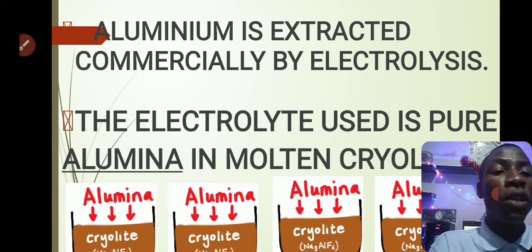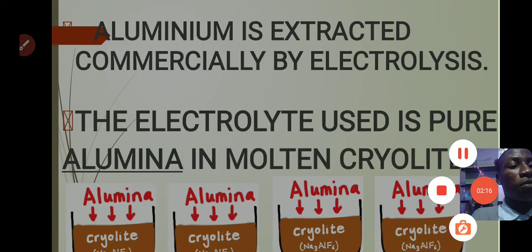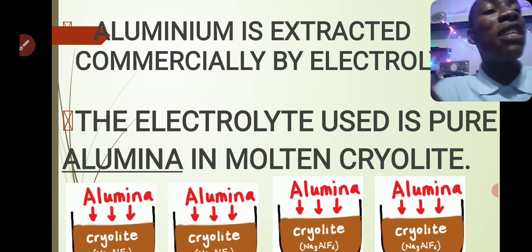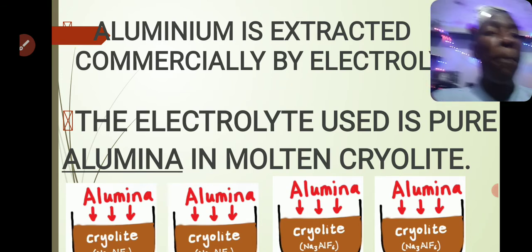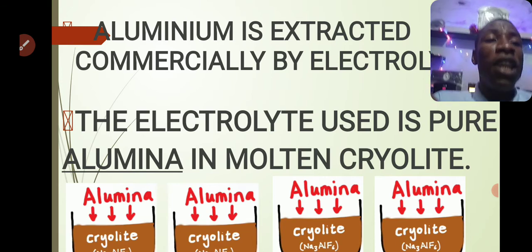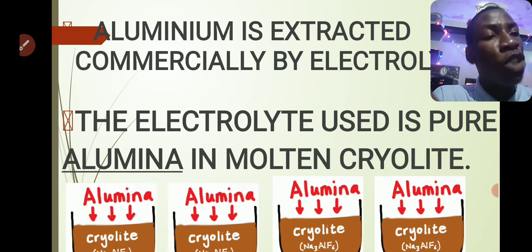So let's move on. When you want to extract aluminium by electrolysis, the electrolyte that you use is alumina. That is why it is very important for us to purify our bauxite first before we start extracting aluminium. So you use pure alumina as the electrolyte.